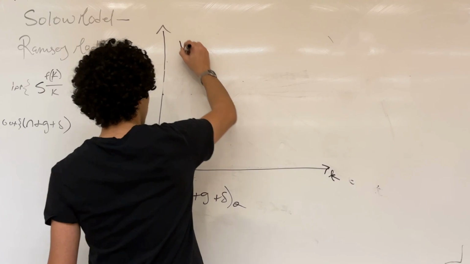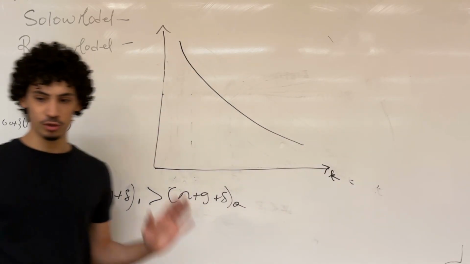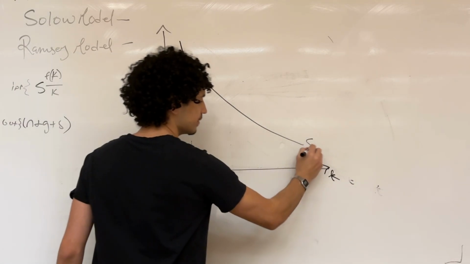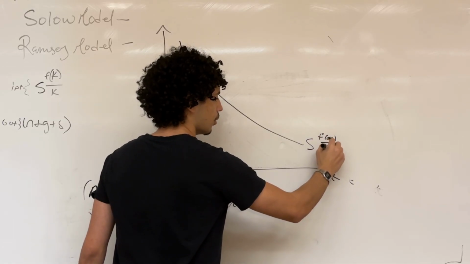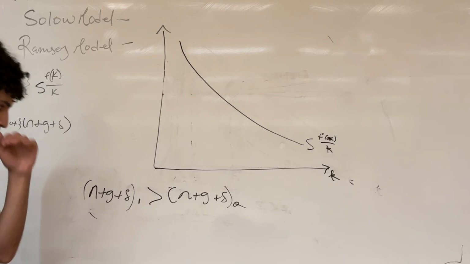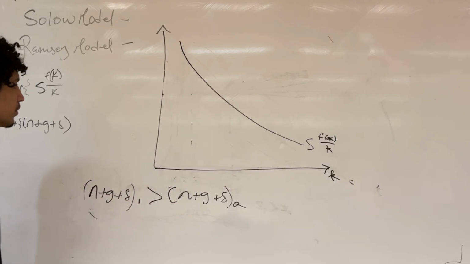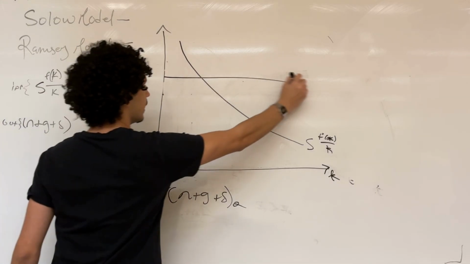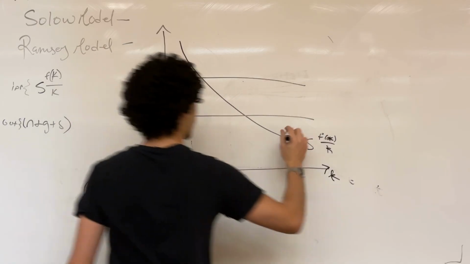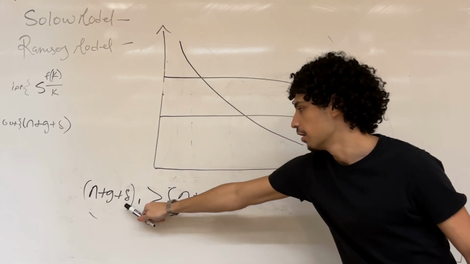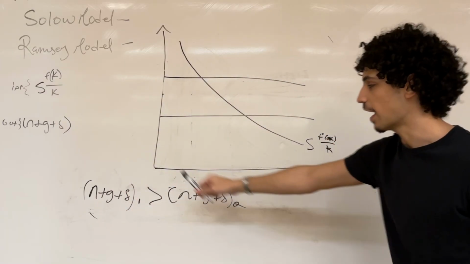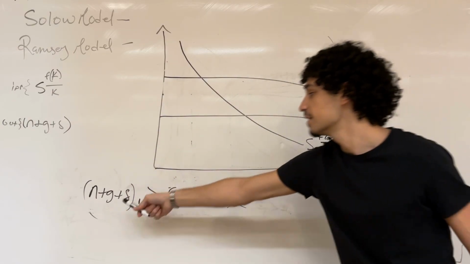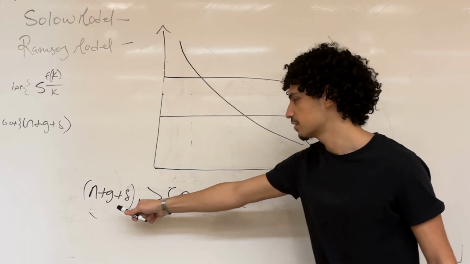So one curve, not two, just one curve, because they have the same S of capital over K. But because these are different, we have one line here, one line here, where the outflow of 1 versus the outflow of 2 is more.